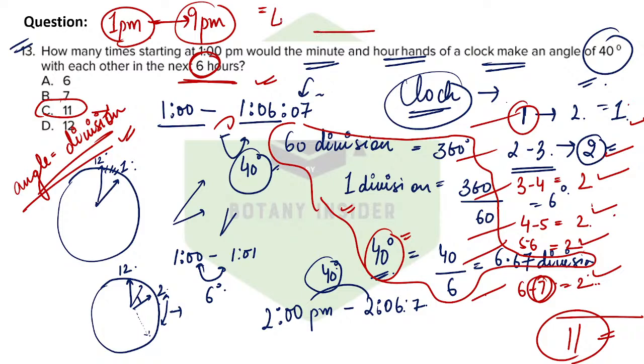How many times will there be a 40-degree angle made? Try writing it down, everyone. If you have a similar question, the only difference is that you're given from 1 p.m. till 9 p.m. What is the number of times 40-degree angle will be getting made? Then what should have been the answer?